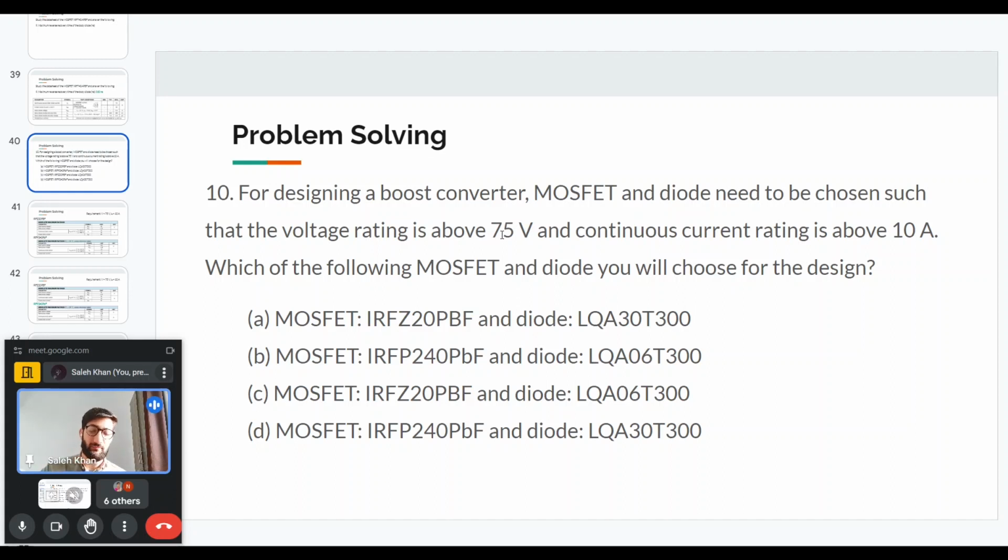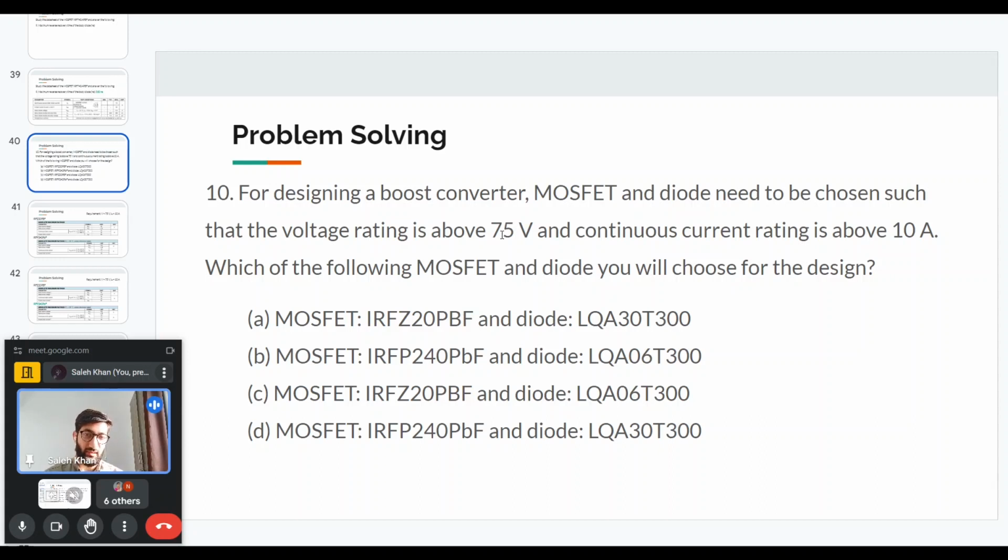So that is for simple understanding. But actually, if you want an output voltage of 75 volt, you cannot just take a 75 volt MOSFET because you have to provide some safety factor because there are oscillations and overshoots. So you need to get at least like 1.5 times the voltage rating.